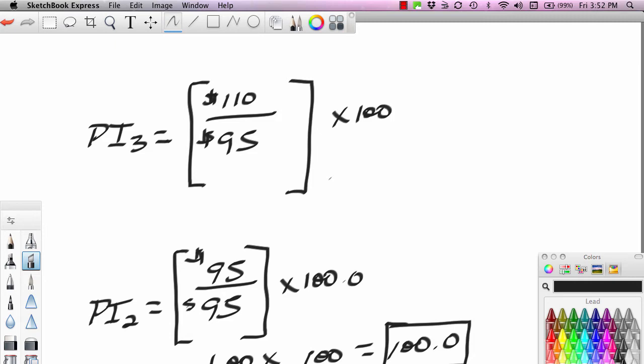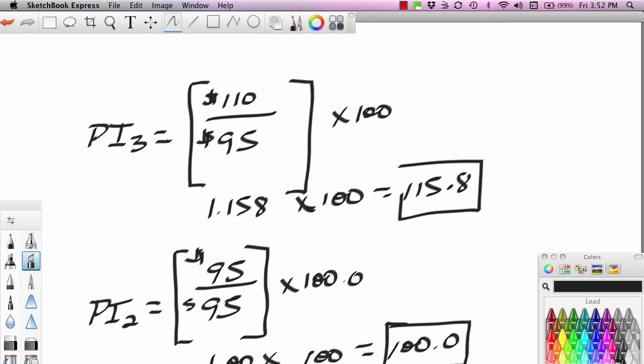I just happen to have that number handy. That would be 1.158. Multiply that by 100, and we get 115.8. Okay? Alright, so that gives us the idea. Current basket value divided by the base year basket value times 100.